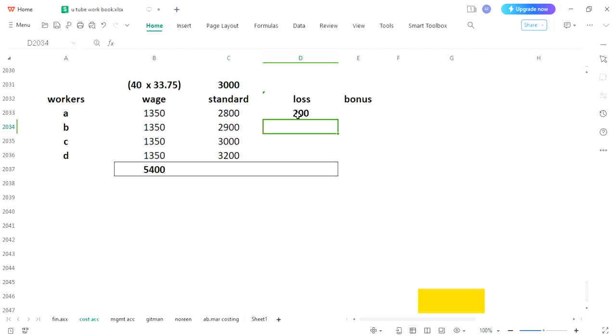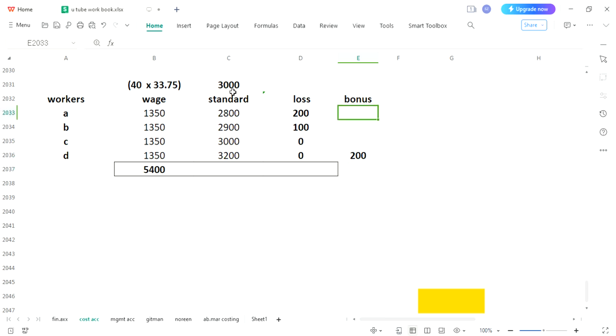And then again there is a loss because standard was 3000 and worker B had produced only 2900. 100 units were lost. Here there is no loss for C, but worker D had produced more units than the standard. So he deserved a bonus of 200 units.